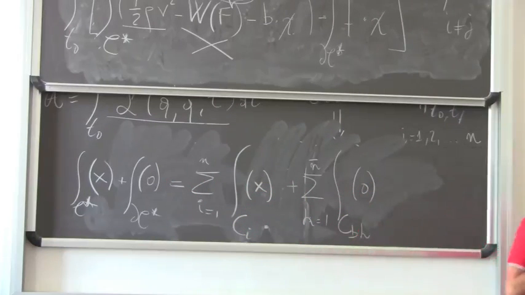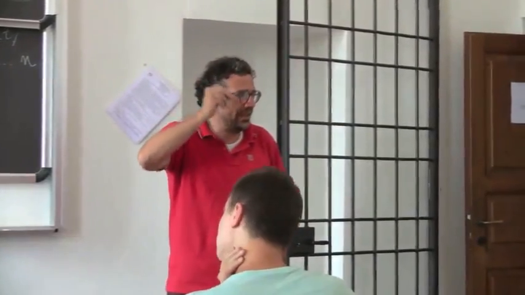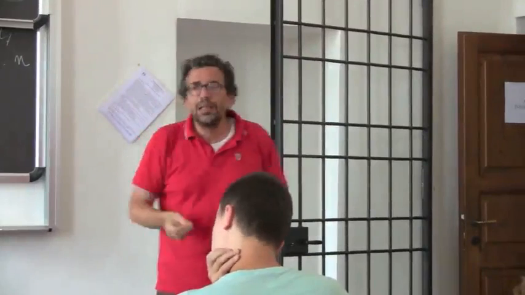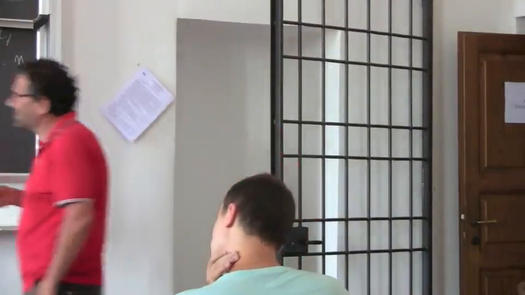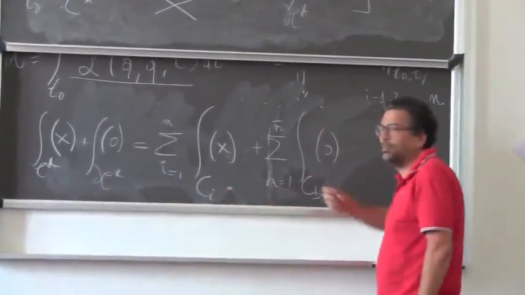This is a standard position. When you have an integral, you can always write a Riemann sum approximating that integral. And in your Riemann sum now, you are considering Ci and C boundary.